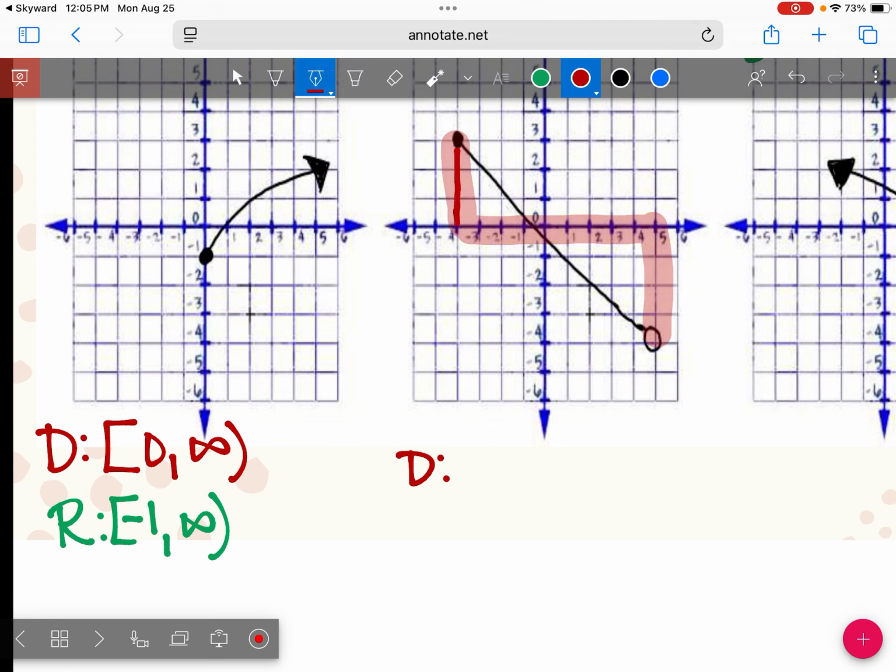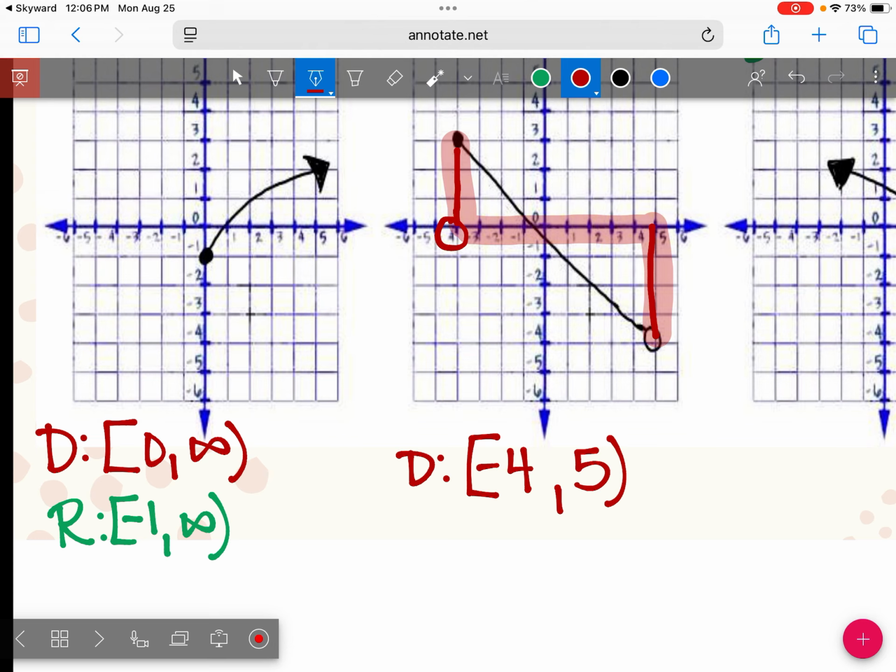Where am I starting at? What number is that? -4 or +4? -4. Is it a bracket or a parentheses? And then it stops here. Or what does X equal right there? 5. Bracket or parentheses? Parentheses. Good, because that one's open.